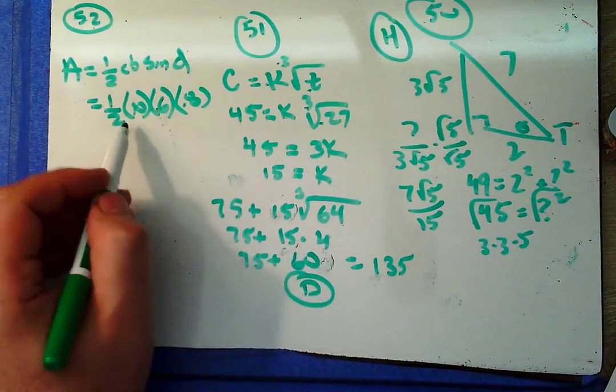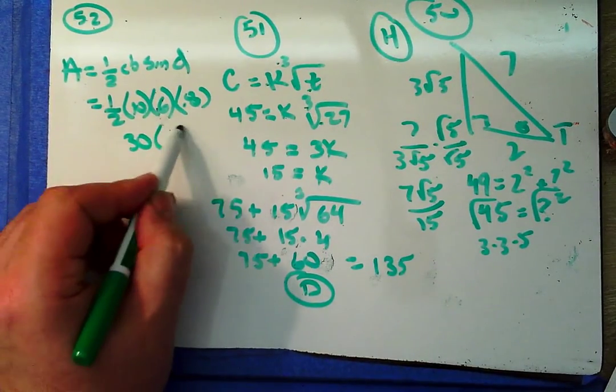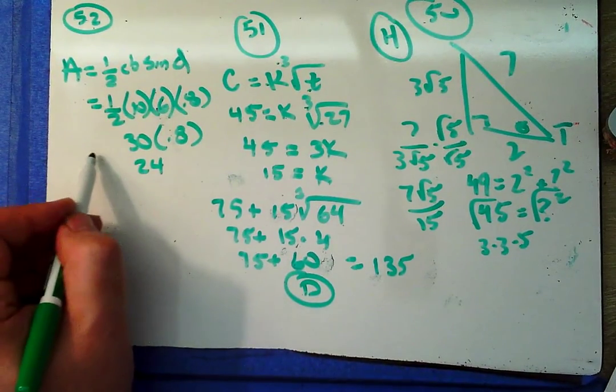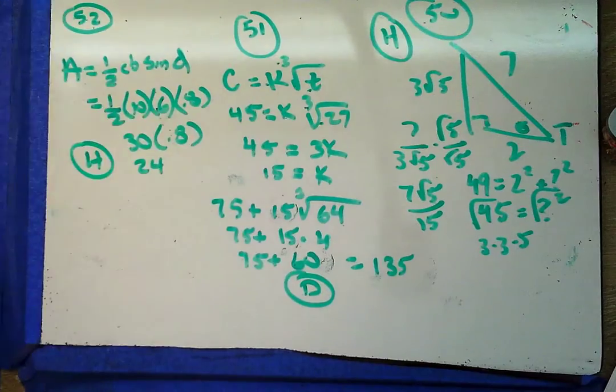So I've got 60 divided by 2, 30 times 0.8, which is 24. And that's choice H. H for number 52.